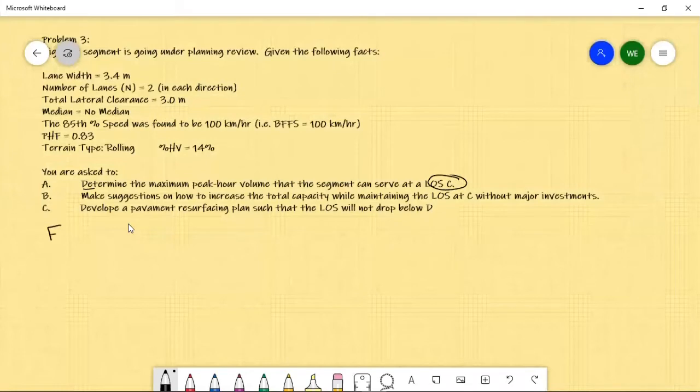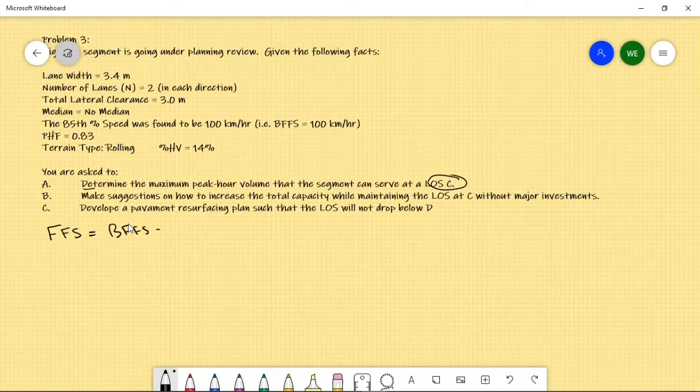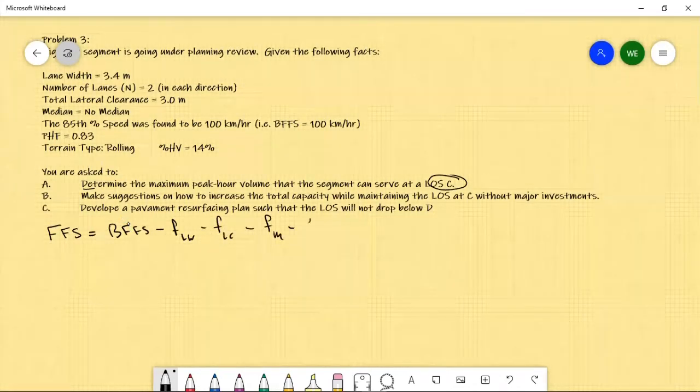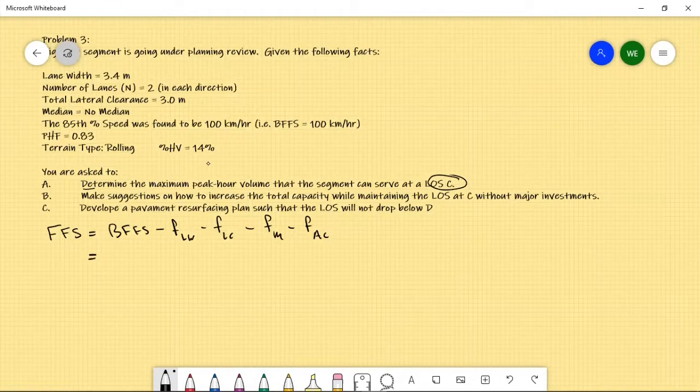Let's calculate the free flow speed. Free flow speed equals the basic free flow speed minus factor for lane width minus factor for lateral clearance minus factor for median minus factor for access points. So here the basic free flow speed is 100 and the lane width is 3.4.